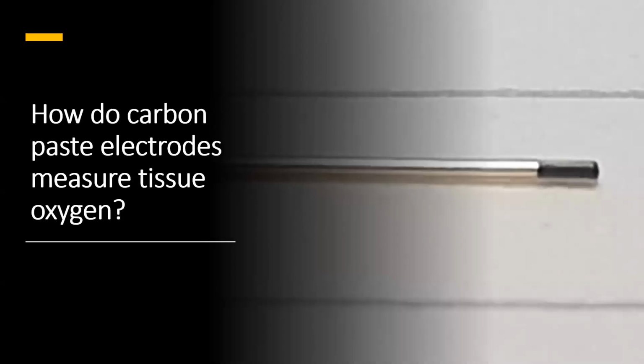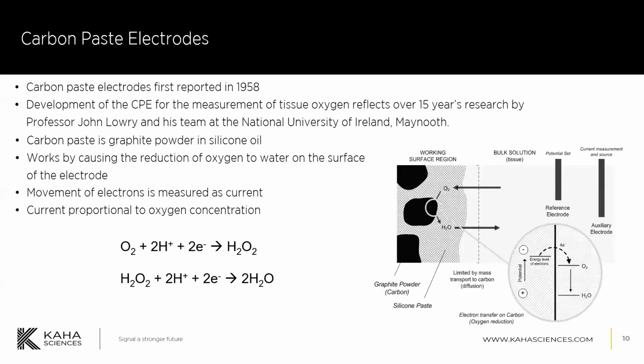So how do carbon-based electrodes actually measure tissue oxygen? Carbon-based electrodes were first used back in the 1950s, and their use in vivo work represents 15 years or more of research by Professor John Lowry and his team at the National University of Ireland in Maynooth.